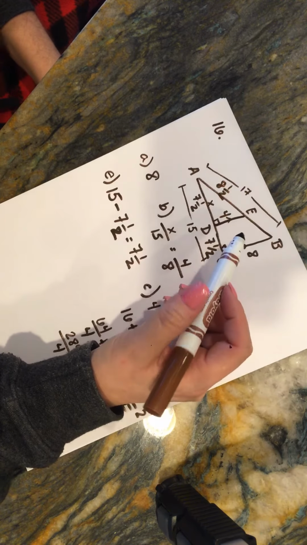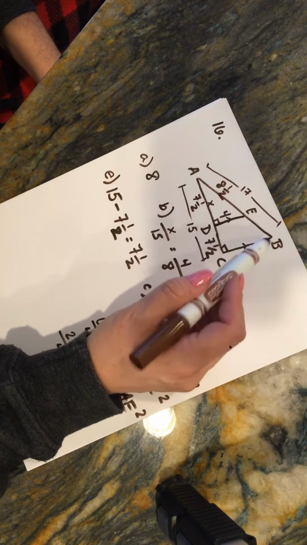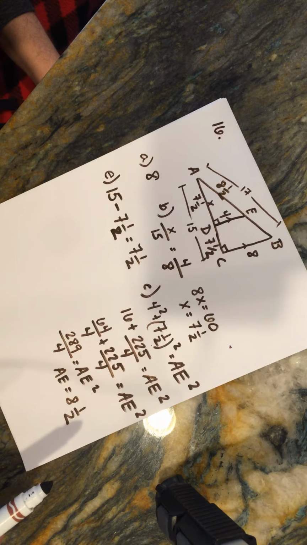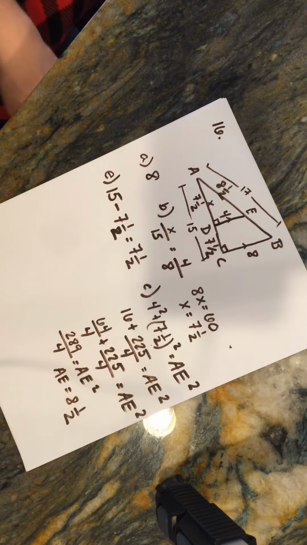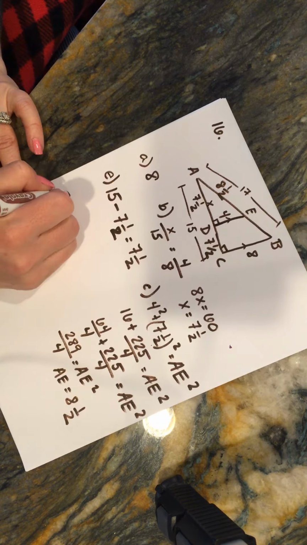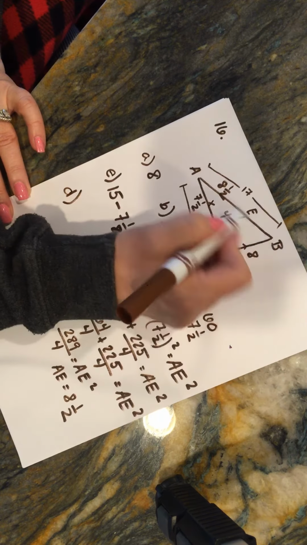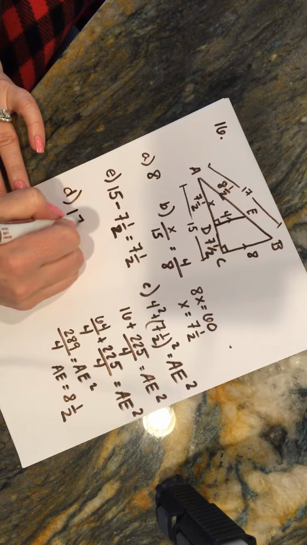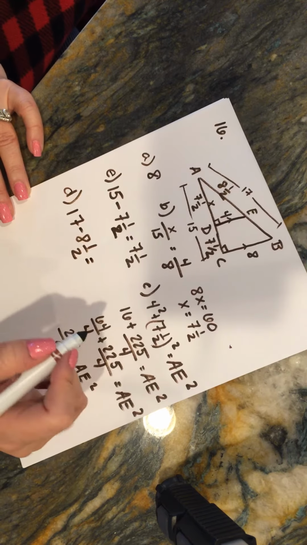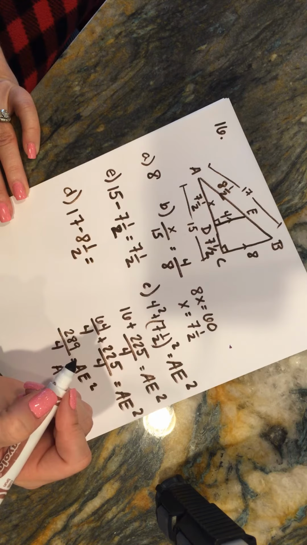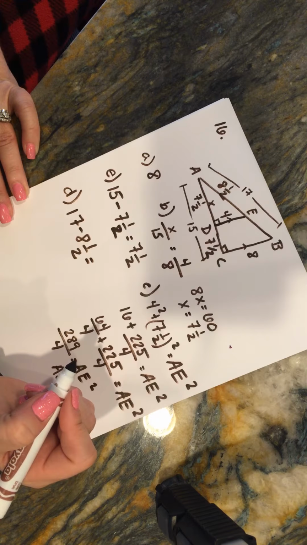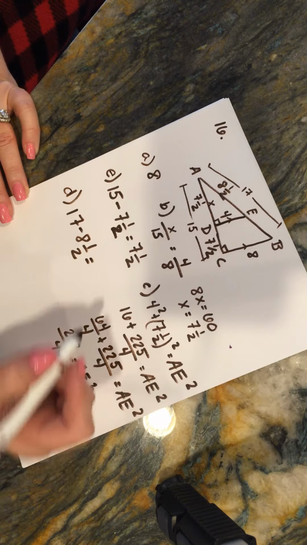There's other ways you could have solved that, but that's just one option. You could have done 17 is to 8 as AE is to 4. That's another way you could have done it. Might have been easier, actually. And then they also are asking you to find EB. So for part D, we know that AB is 17, so 17 minus 8.5 would be 8.5, right?